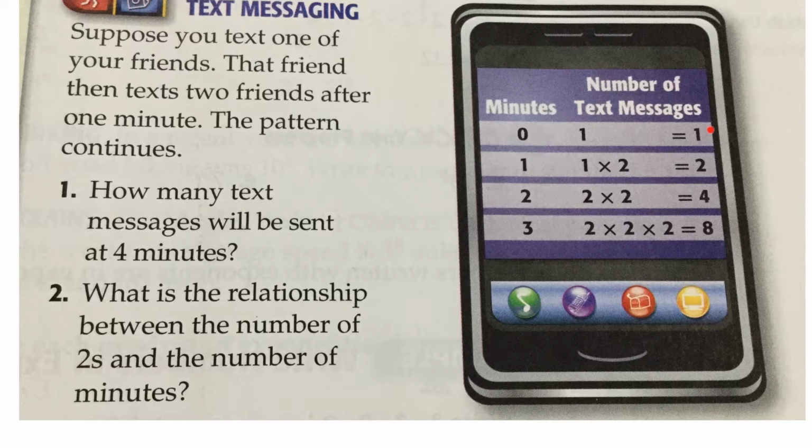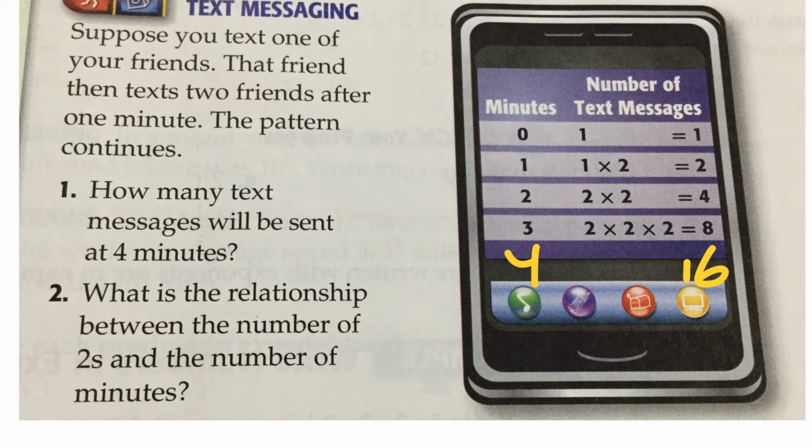What happens when you multiply a number by 2? It doubles. 1 times 2, 2 times 2, 4 times 2, 8 times 2, 32, 64, 128, 256, 512. Doubling a number, you should know a few of those in your head. Those are pretty easy. So at the 4 minute mark, there should be 16 total text messages sent.